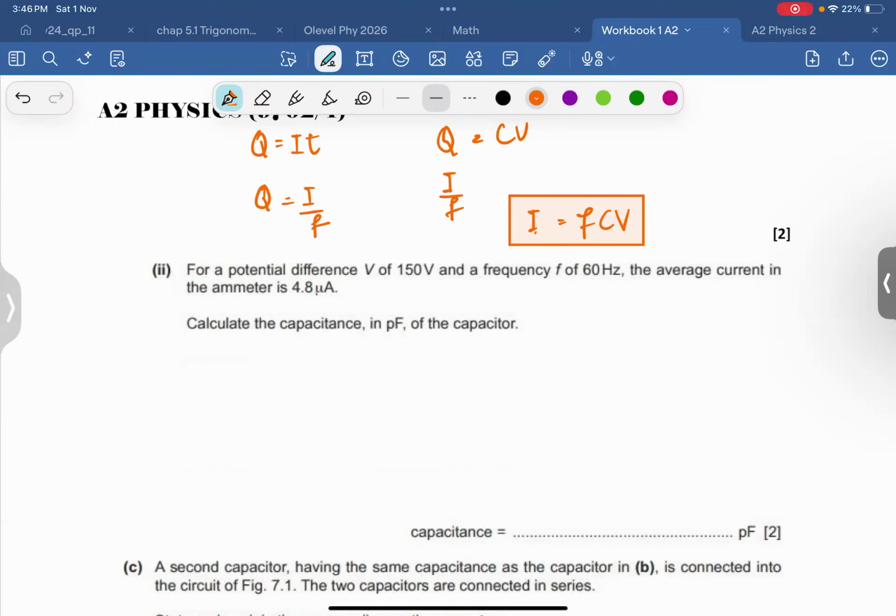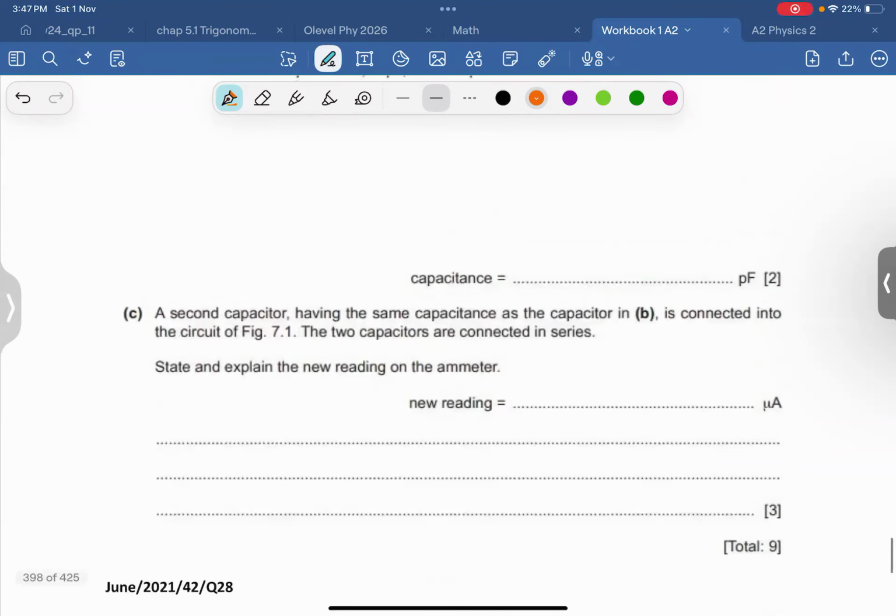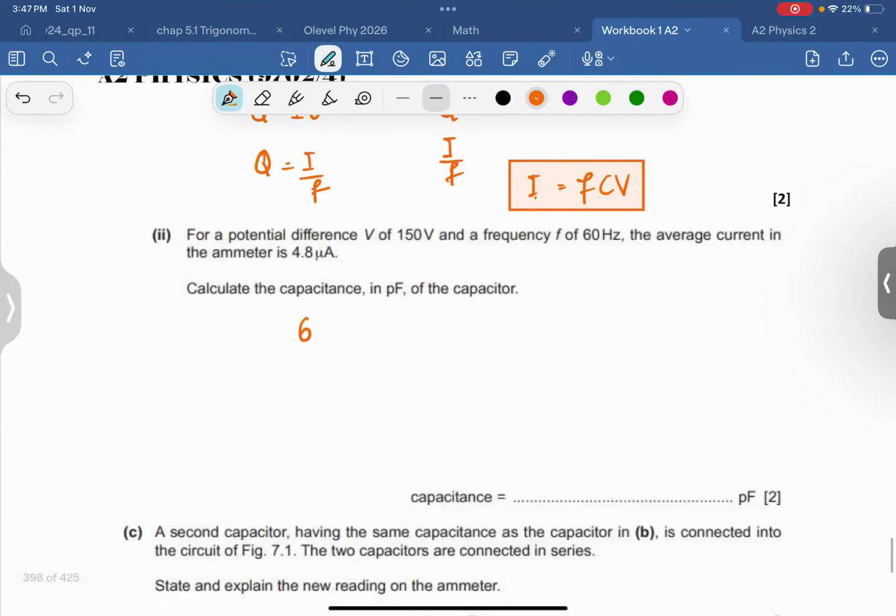Okay, so they have given you the voltage, the frequency, and the current. You can find out the value of the capacitance. Okay, let's find out. And we have 4.8 exponent negative 6, right? So when you multiply, you'll get the capacitance.